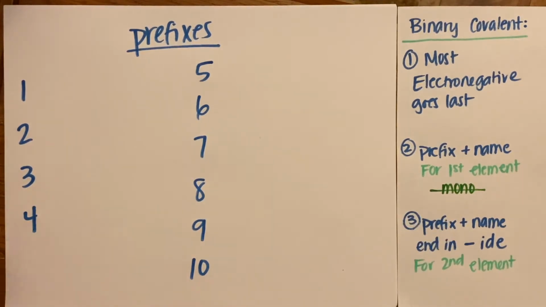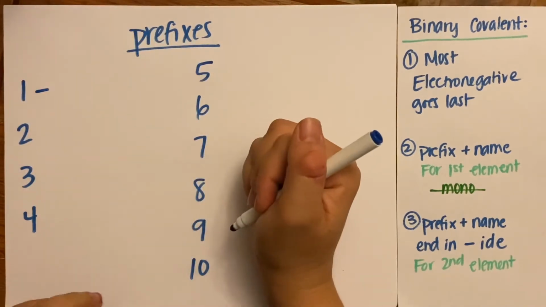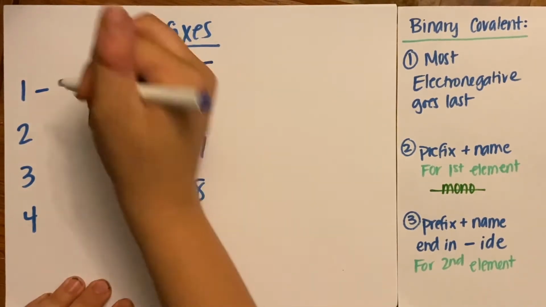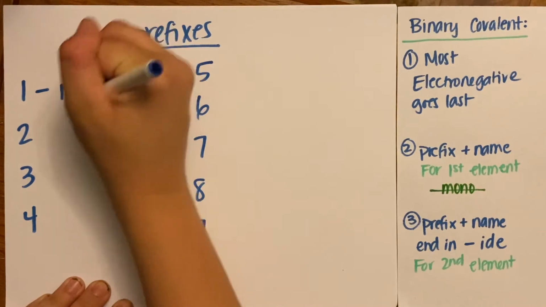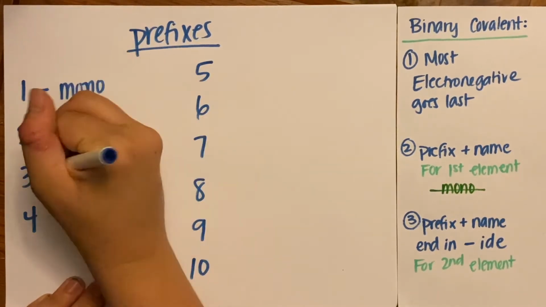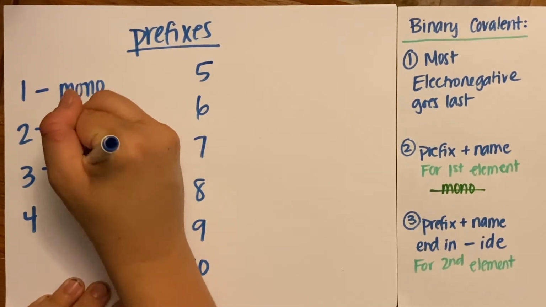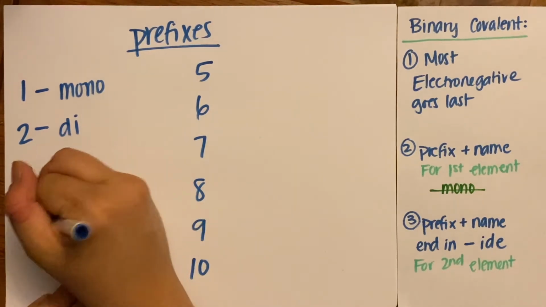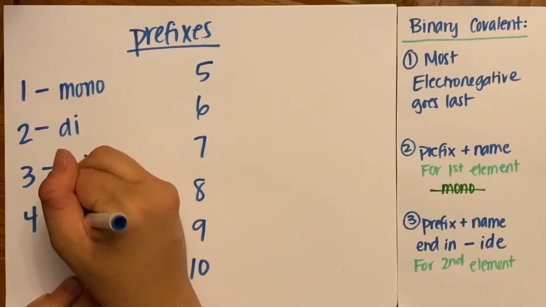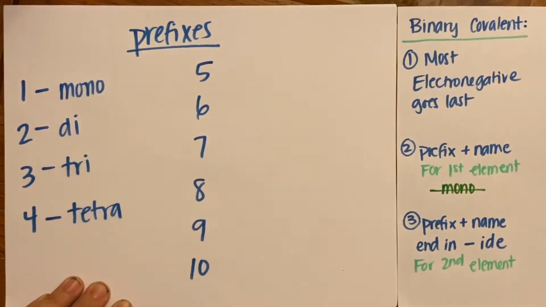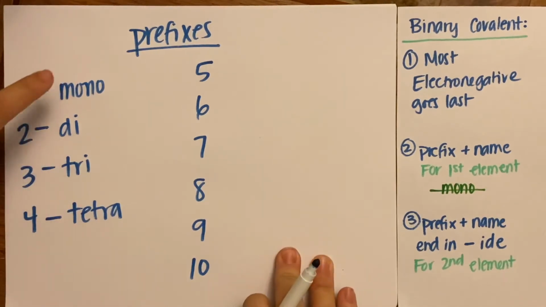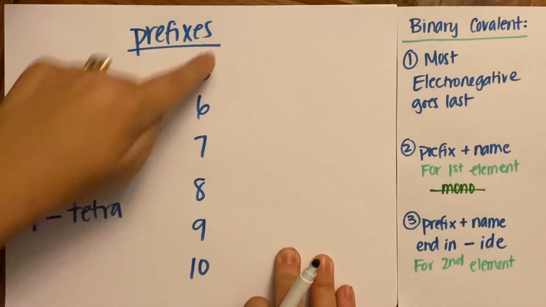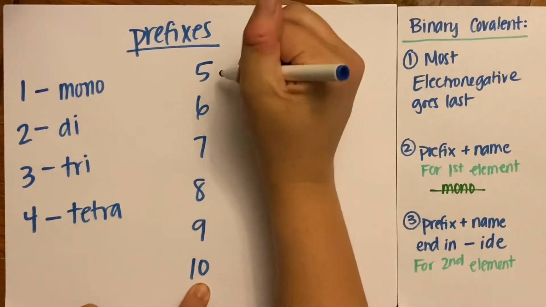So if you have a quantity of 1 of an element, it's going to be mono. 2 is di. 3 is tri. 4 is tetra. Beyond mono, di, tri, tetra, it's just geometry.